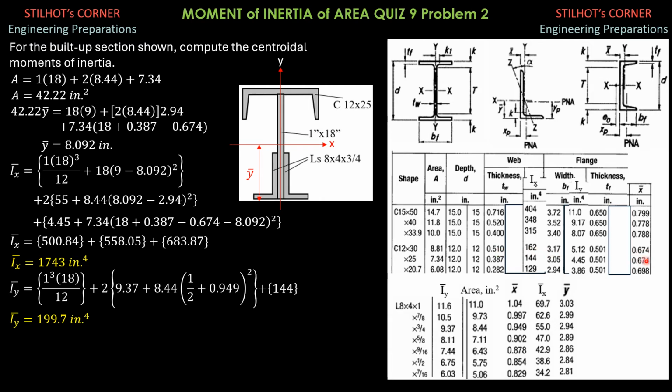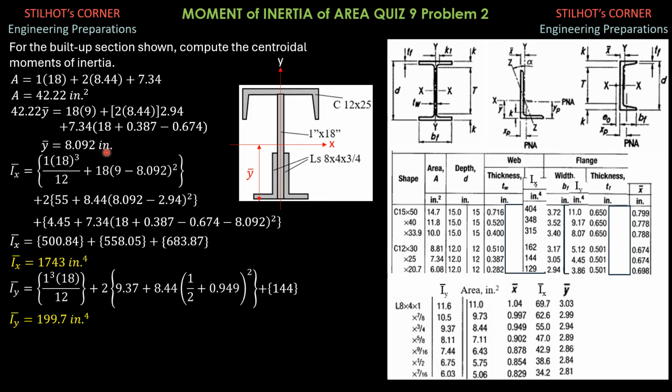So solving for bar y: 18 times 9, plus 2 times 8.44 times 2.94, plus 7.34 times 18 plus 0.387 minus 0.674, divided by 42.22, and we get 8.092 inches.